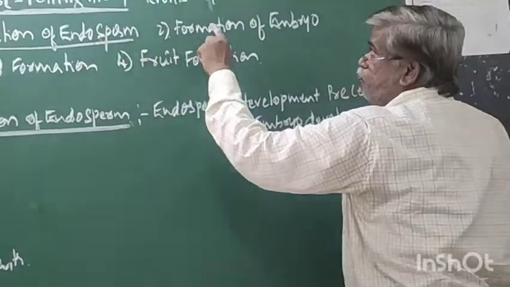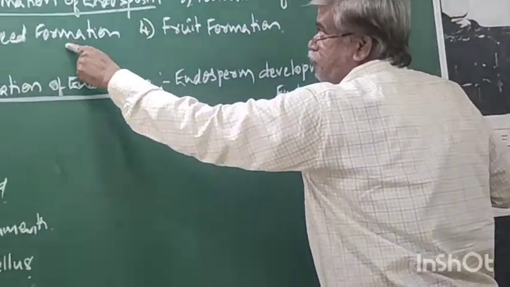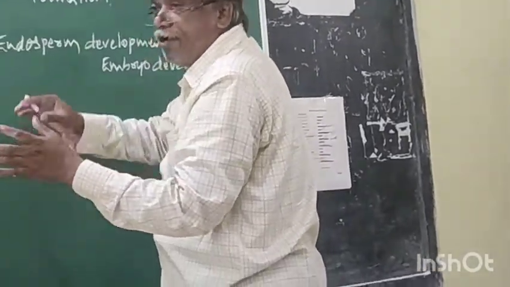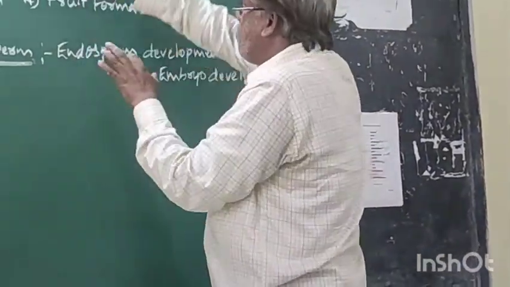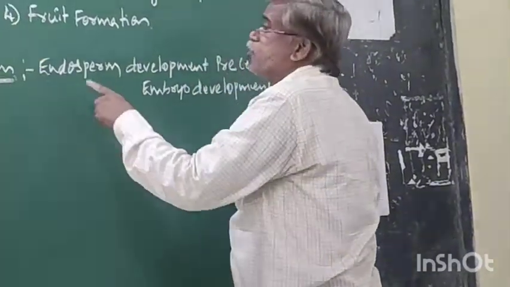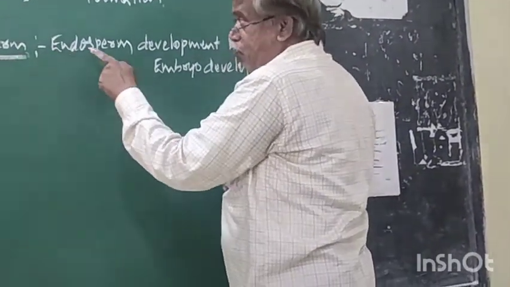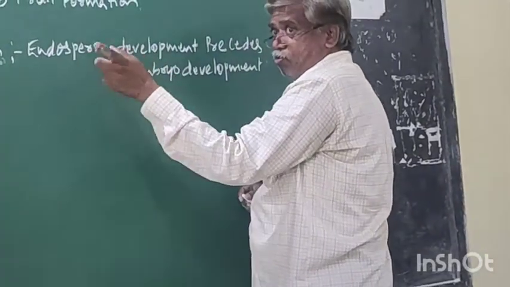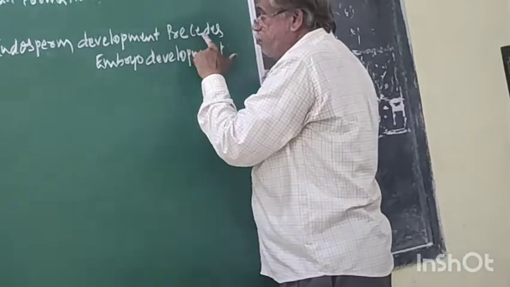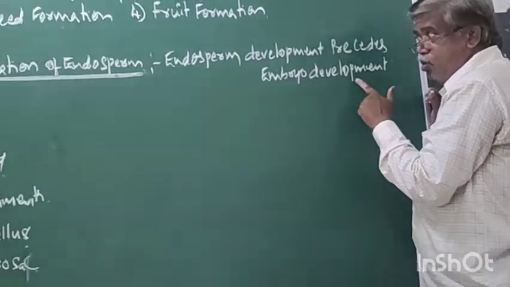Formation of endosperm, formation of embryo, seed formation, fruit formation. These are the 4 events after double fertilization. Among these 4, the first event is formation of endosperm. Catch this sentence: endosperm development precedes embryo development.